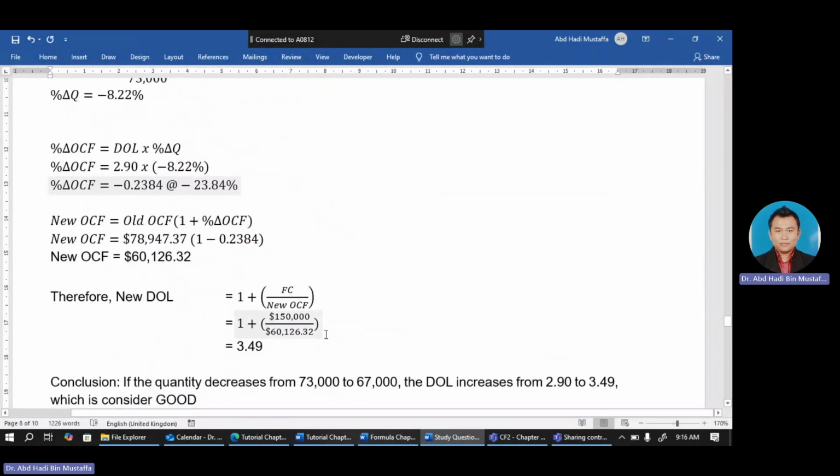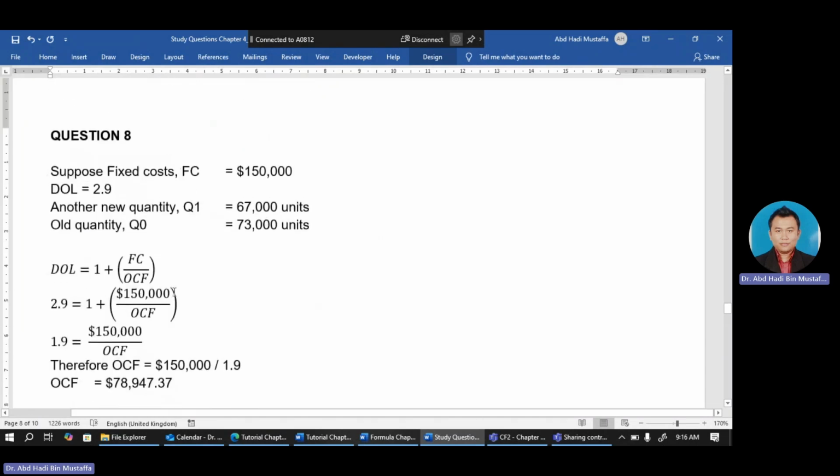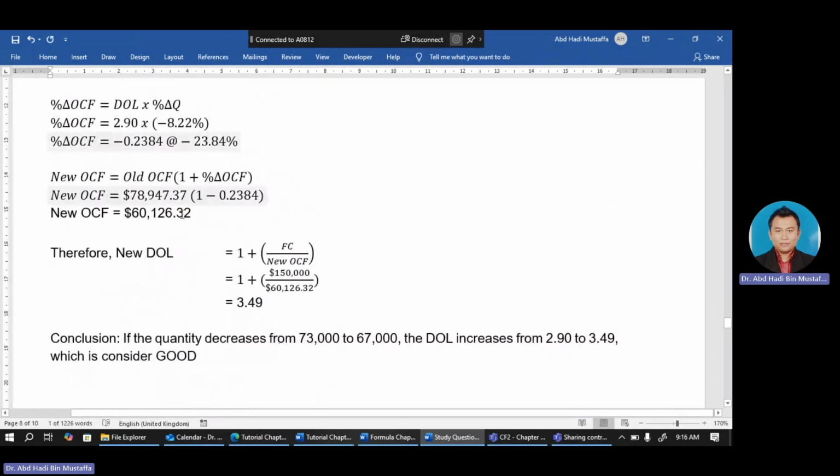And then DOL baru kita kena cari pakai formula yang sama, cuma yang OCF ni pakai yang baru. So, the new OCF is 60,000. So, pakai yang ni. Fixed cost masih sama. Dan 3.49. If quantity decreases from 73,000 to 67,000, the DOL increase from 2.9 to 3.49, which is considered good.